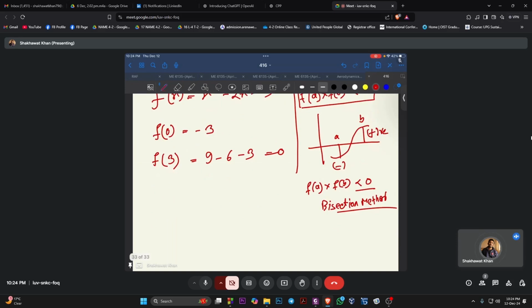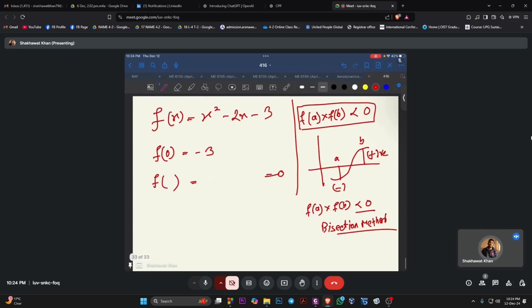But I will choose a good initial guess that makes this bisection method more suitable. Let's say this is 4, then the value would be 16 minus 8 minus 3, so this value is obviously 5, a positive value.